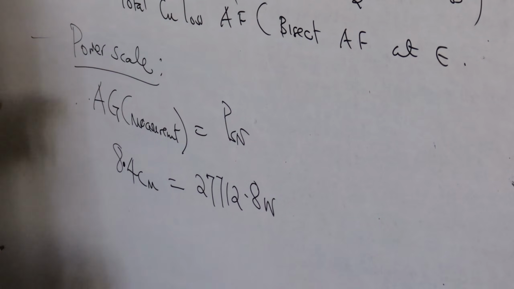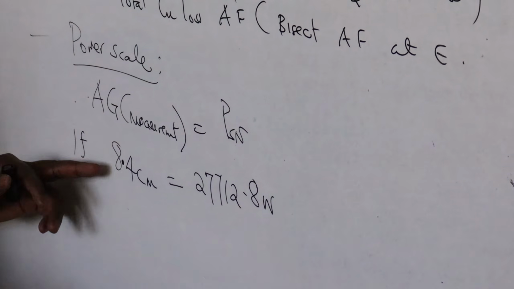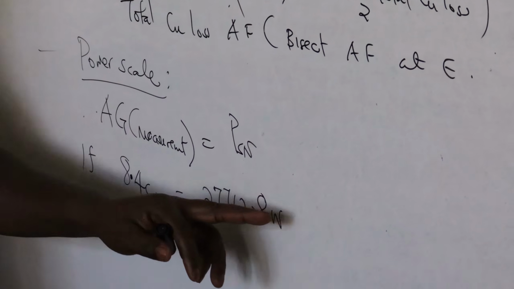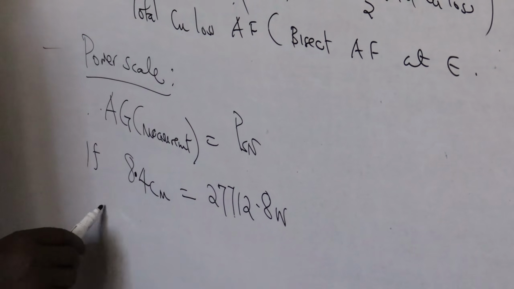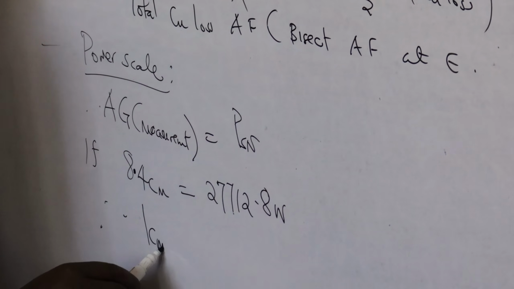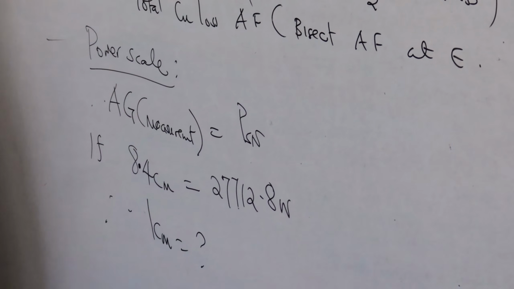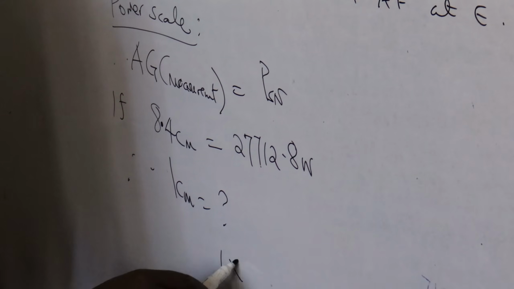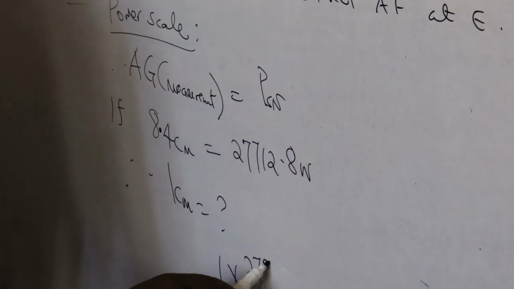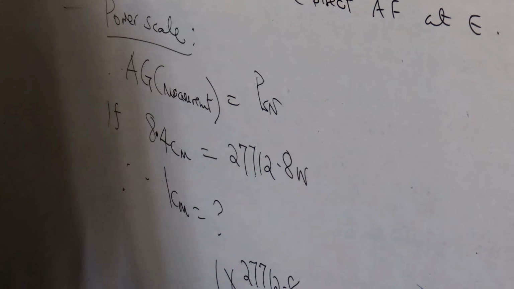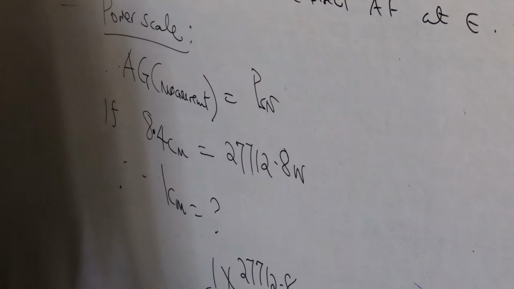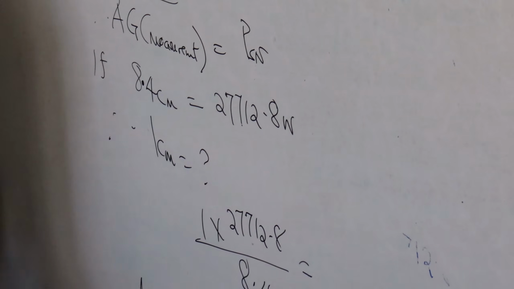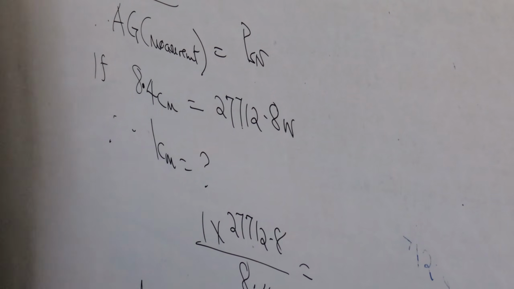If 8.4 centimeters is equal to 712.8 watts, therefore what will be 1 centimeter? 1 centimeter times 712.8 over 8.4 should give us how many watts?